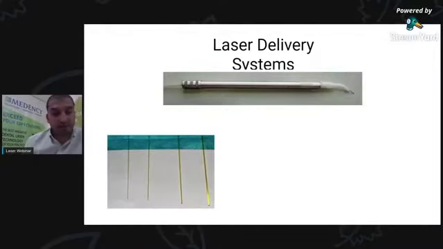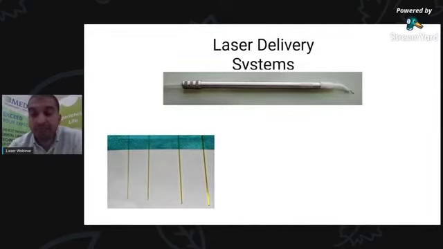So we generated the laser in our laser device. It's time to deliver it to the tissue. The companies have worked a lot to invent a very simple way to go through this delivery system, in order to make it easier for us to operate.